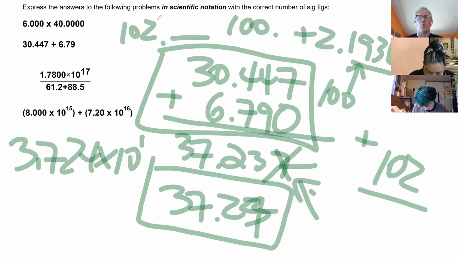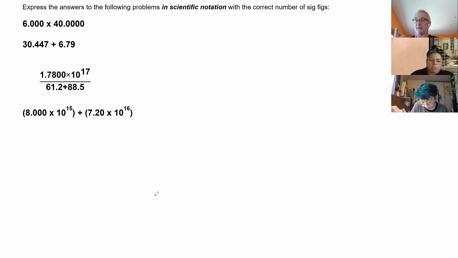Okay. Now, what about the third one? Now, the third one, we're doing both addition and division. So going way back in time, do you remember what order we do these in? We first do addition. Right.